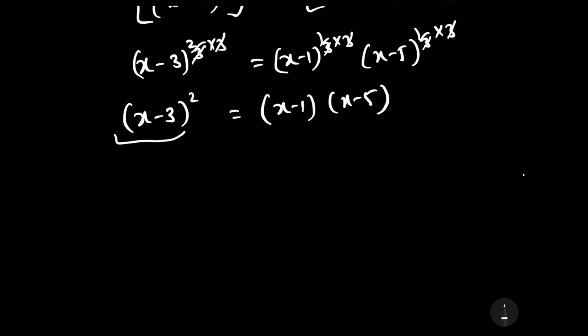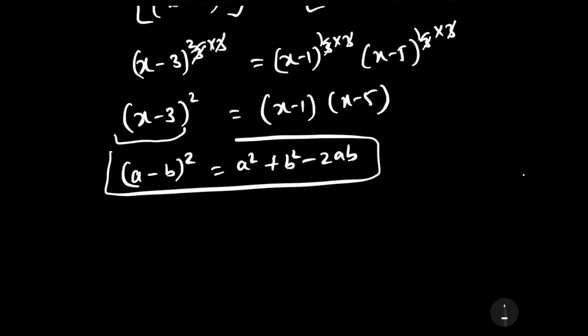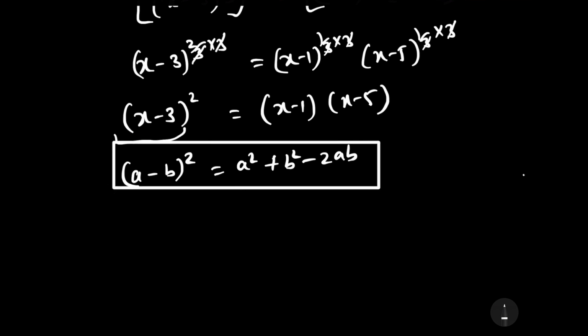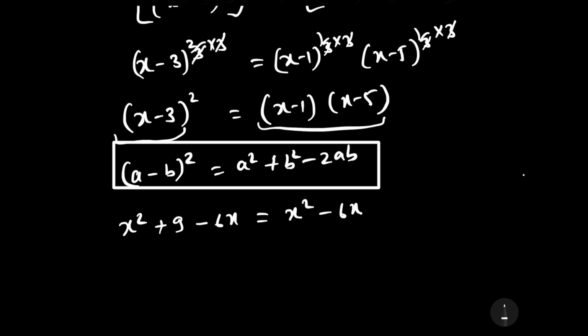If we open it with the formula (a minus b) whole square equals a square plus b square minus 2ab, then this will equal x square plus 9 minus 6x, and if you multiply these two terms, then we will have x square minus 6x plus 5.